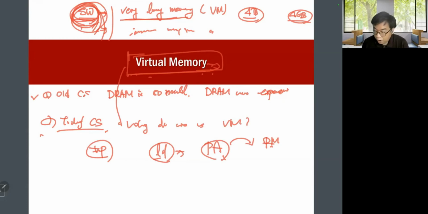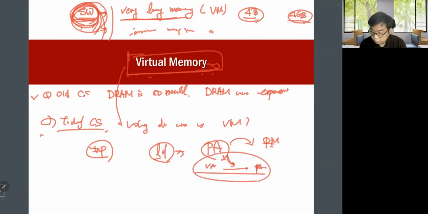But the hardware and the operating system need to provide the translation step from virtual address to physical address. Do you understand? It is because the operating system manages how many software programs are running on the current computer system.